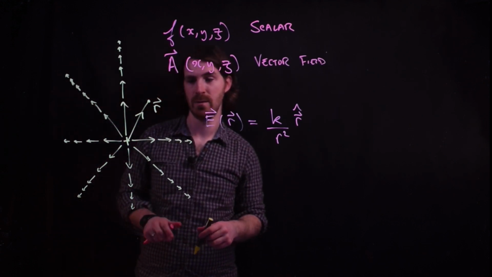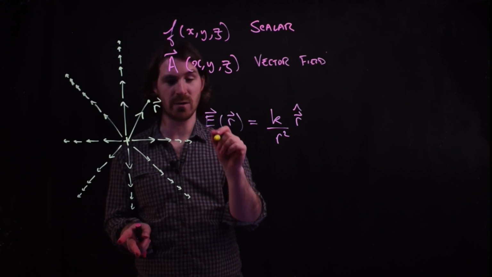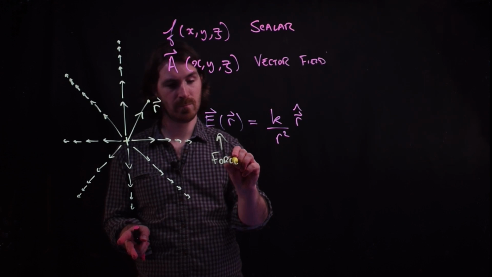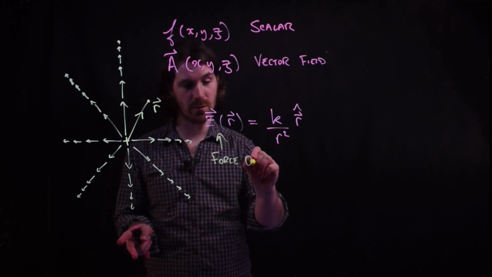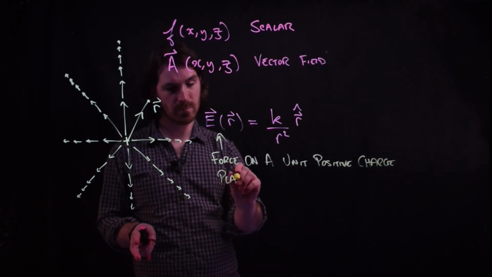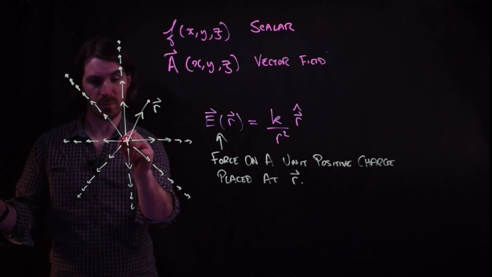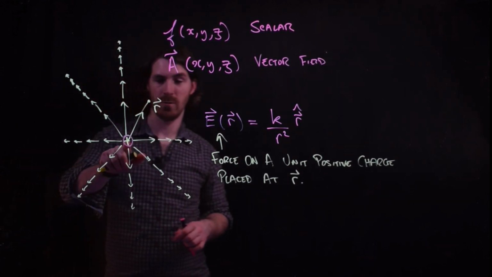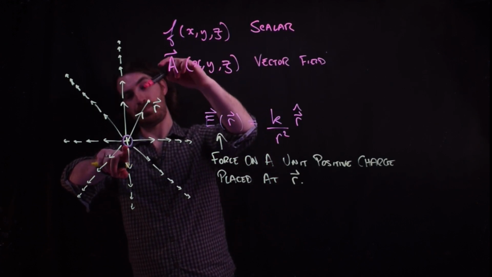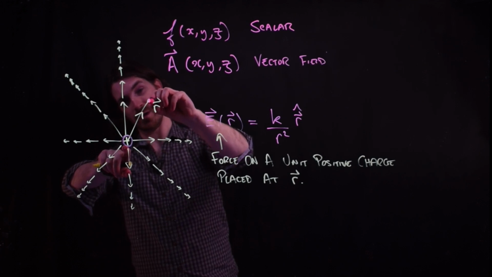And so on. What this electric field is, is the force on a unit positive test charge. So you have a charge, maybe a proton, and you ask, what's the force experienced by another particle at this point r?